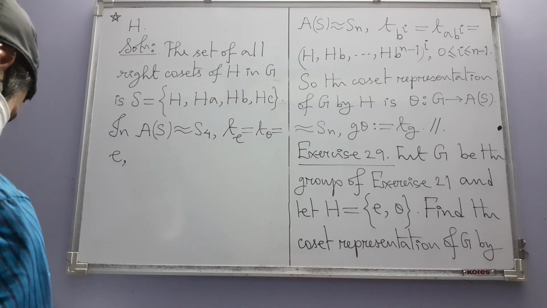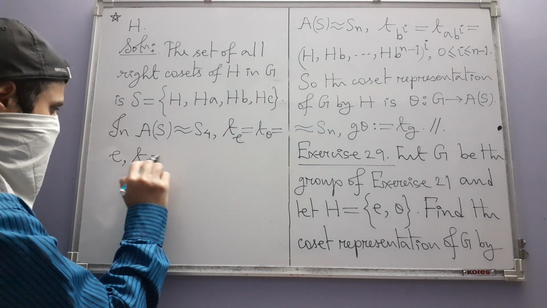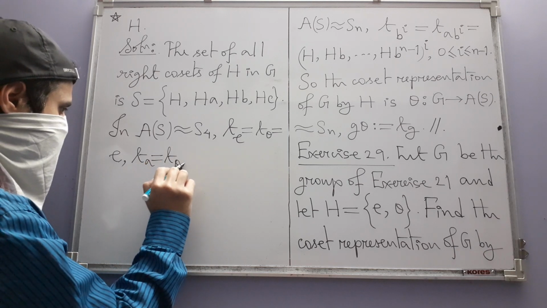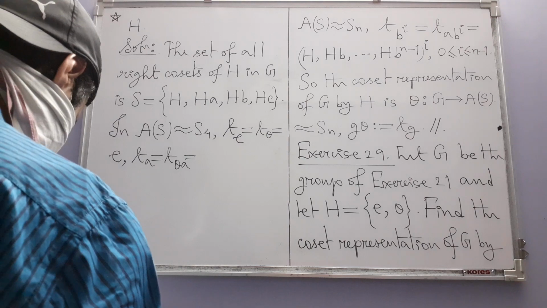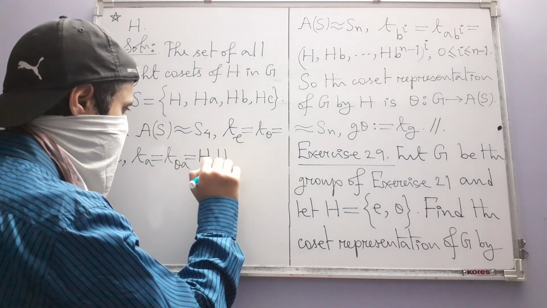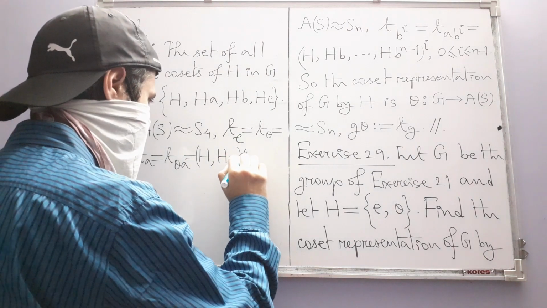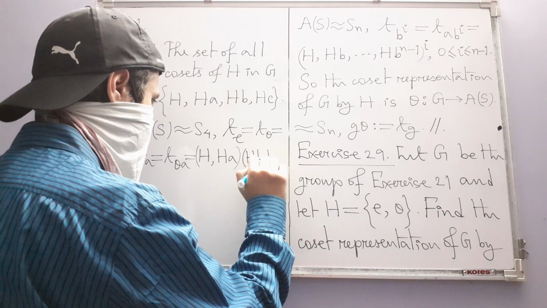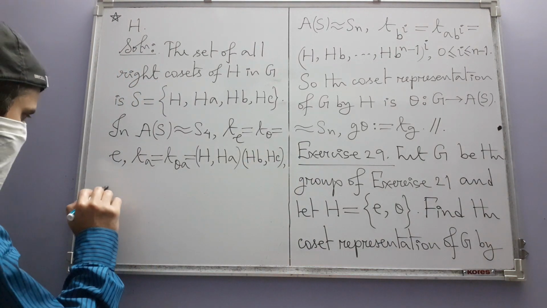Next, TA, which is also the same as T theta A, is the product of these two transpositions, H comma HA, one transposition, and HB comma HC, the other transposition.